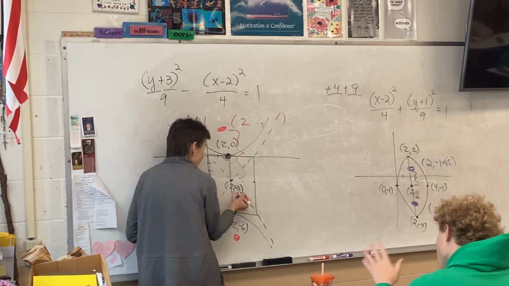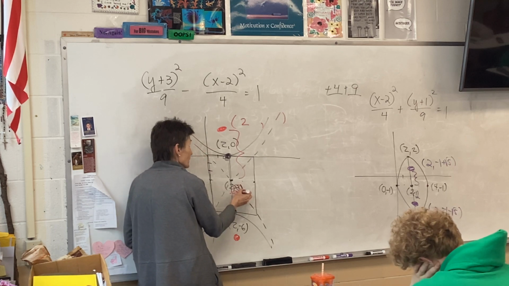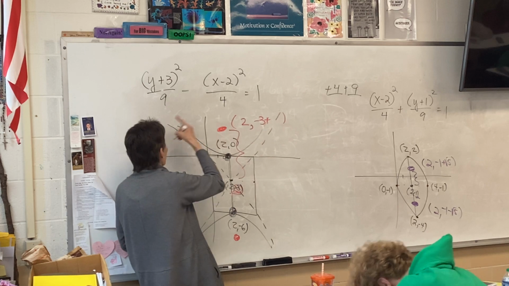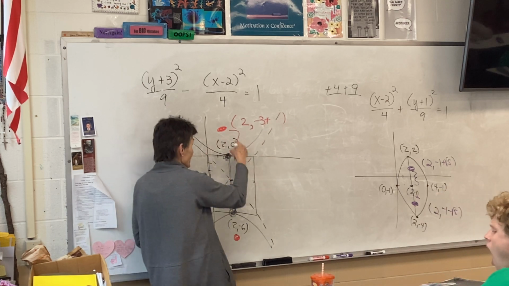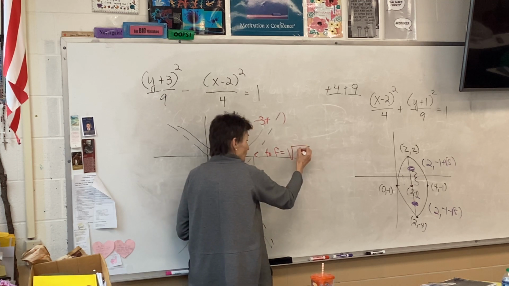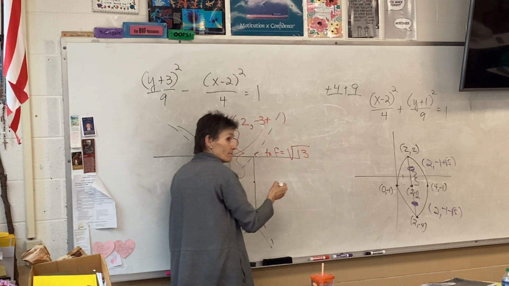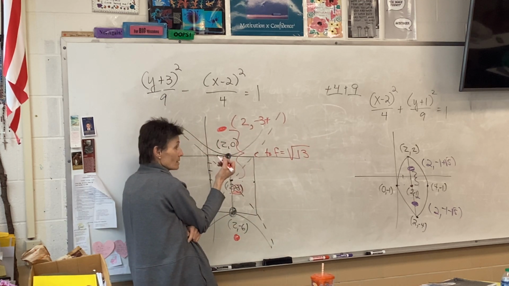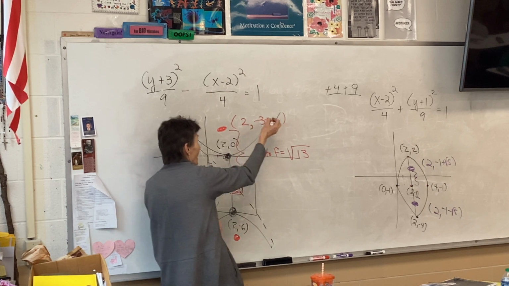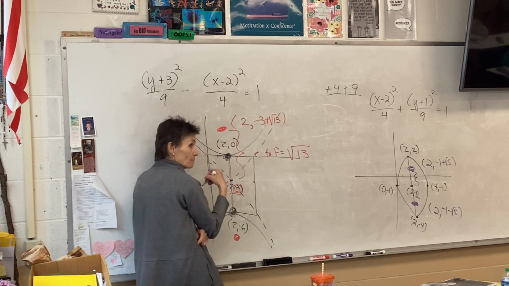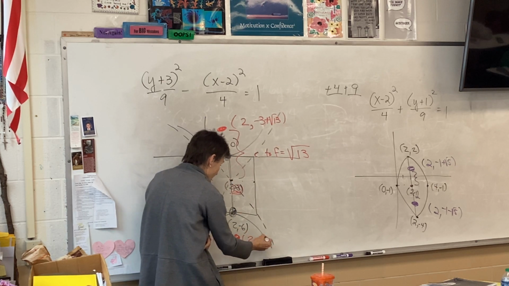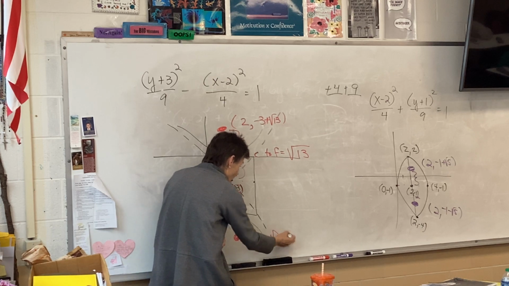So I'm going to take this -3, and I'm going to add something to it. Now, what am I adding to it in this problem? What is that distance, center to focus? Root 13. So I'm going to start at -3 and add root 13. And then I'll start at -3 and subtract root 13.